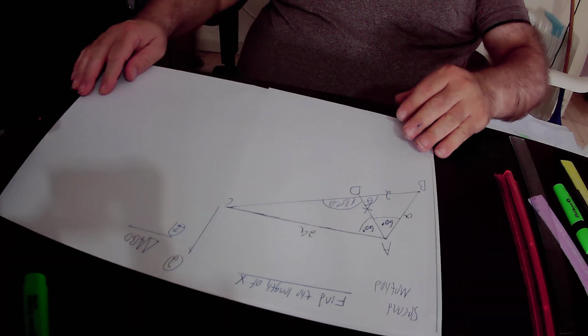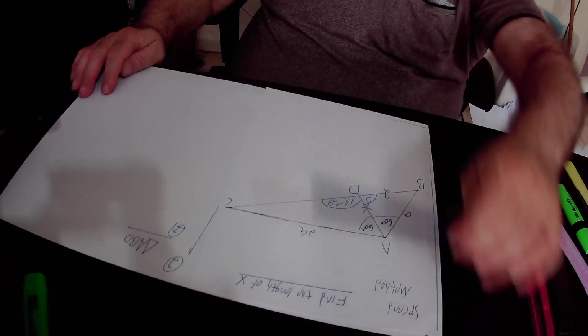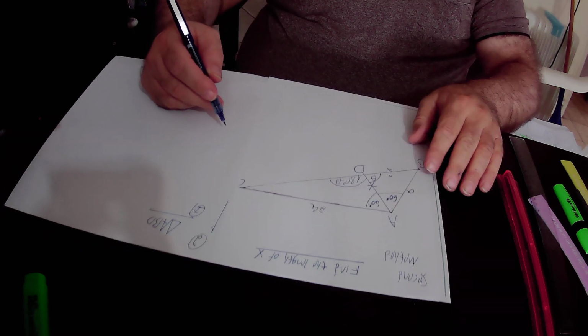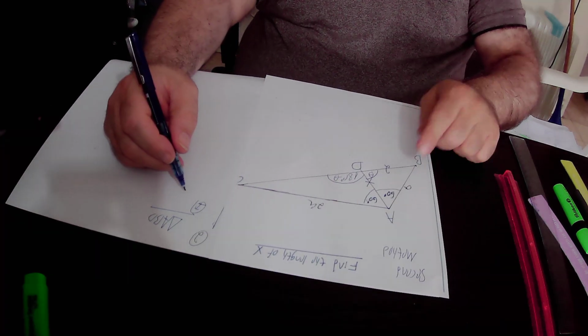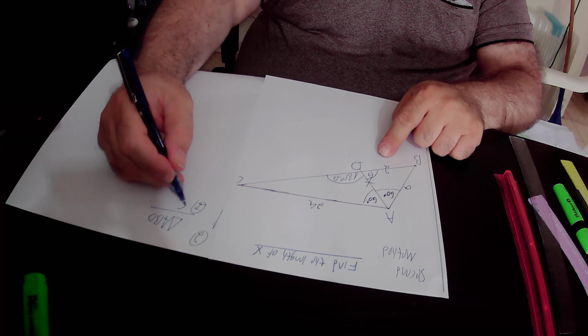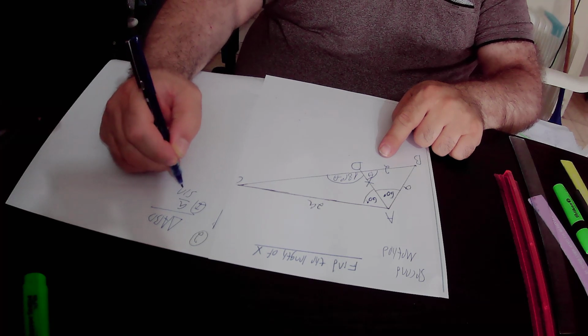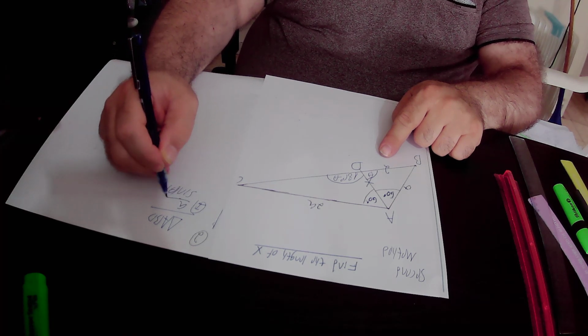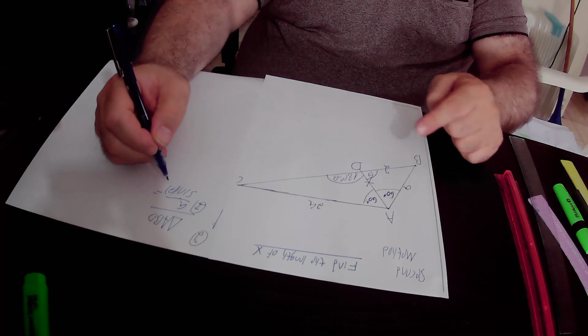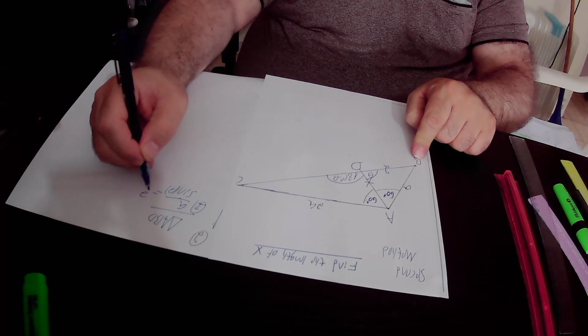In triangle ABD, according to the law of sines, we get that a over sine theta equals 2 over sine 60 degrees.